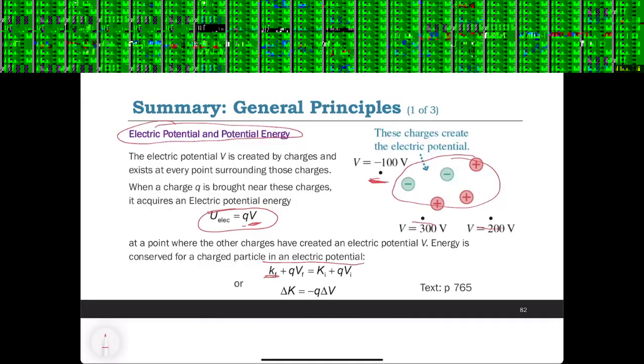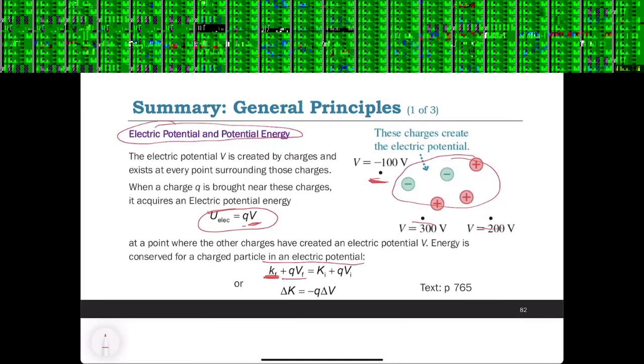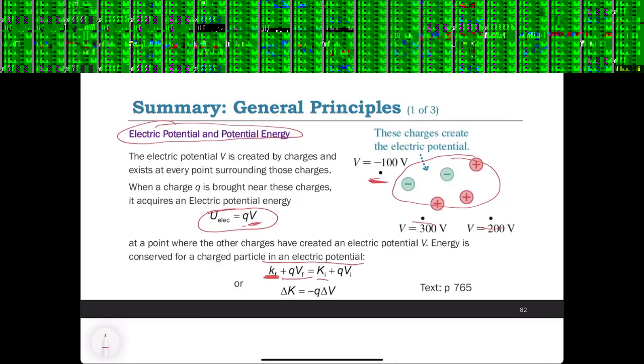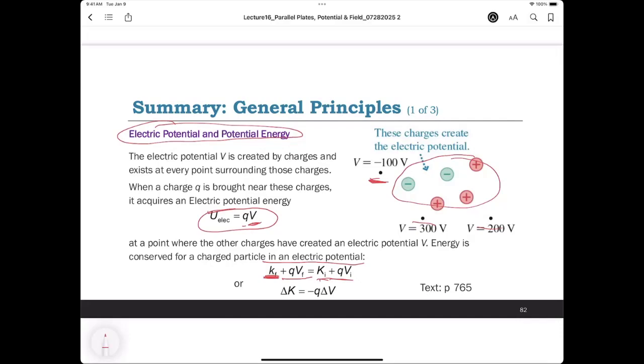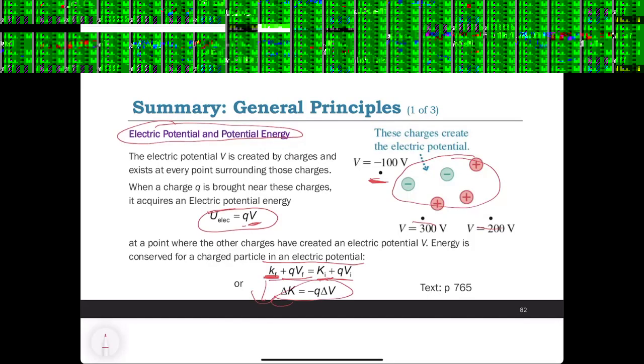In a word, the final kinetic energy plus the final electrical potential energy equals the initial kinetic energy plus the initial electrical potential energy. You can see this equation can become this equation, and we can use it to calculate how the energy is changed.